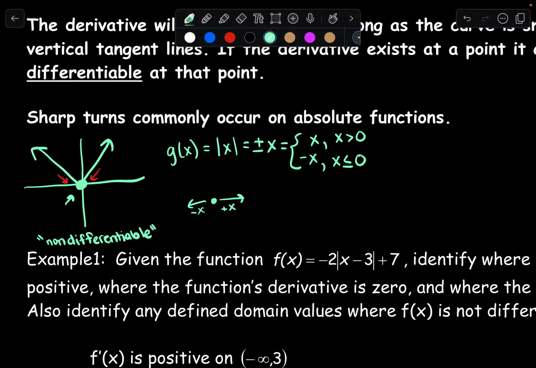Now, if we take this a step further, if we think of g prime of x, we can see that the slope for the positive x is going to be positive 1, and the slope for the negative x is negative 1. Now, for the positive one, the domain will be x is greater than 0.